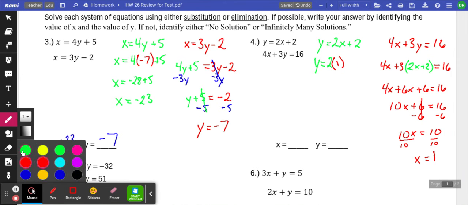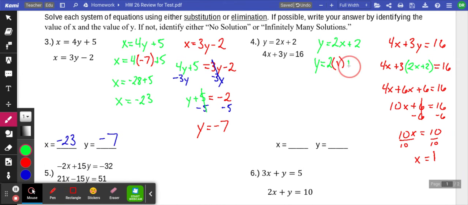So instead of 2 times x, we have 2 times 1 plus 2, and that gives us y equals 2 plus 2. So y equals 4, and let's keep track of our variables. We said x is 1 and y is 4. And that should finish this question for us.